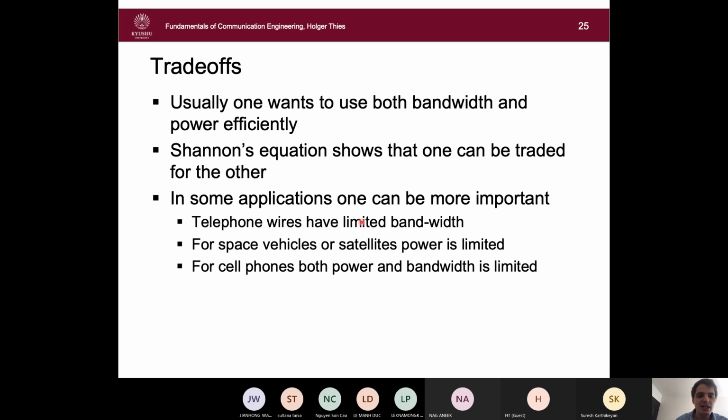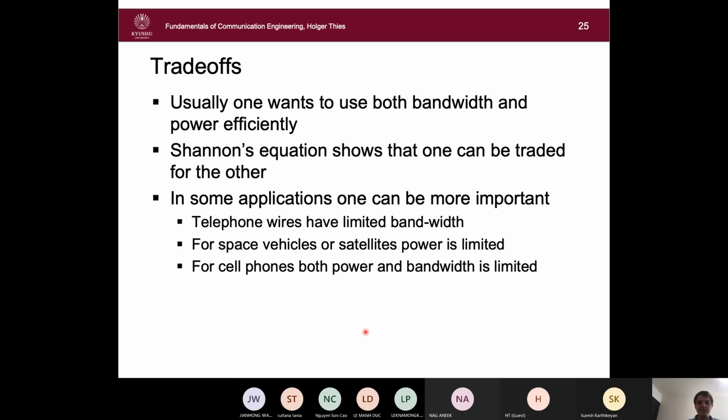So for example, telephone wires have a limited bandwidth, but it's easier to increase the power than to increase the bandwidth. On the other hand, if we have space vehicles or satellites, then there's very limited power, so we cannot increase the power, but usually it's much easier to design a system with a higher bandwidth in this context.